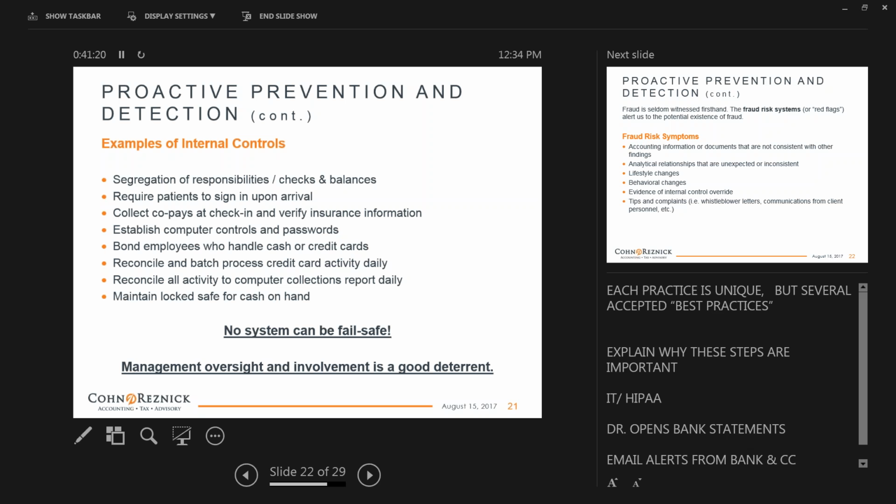Many of these are obvious and intuitive to everybody, but segregation of responsibilities: you want to create a check and balance system so that the person who's receiving the cash isn't writing out the deposit ticket and going to the bank, or nowadays scanning the bank deposits through the scanner. You want to have that segregated among at least two parties.